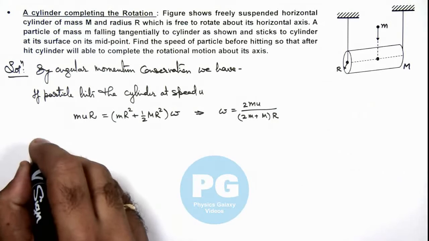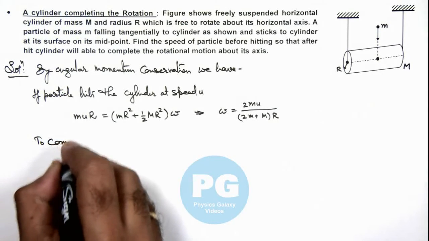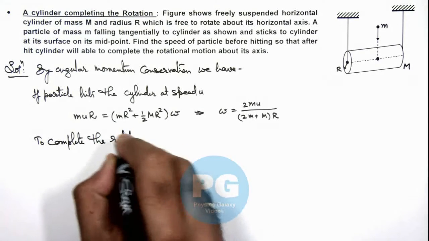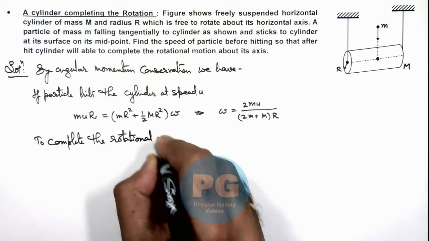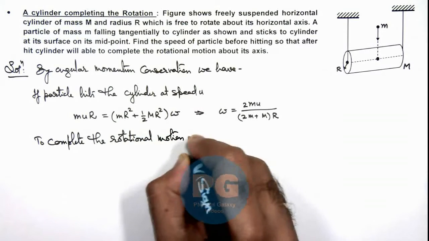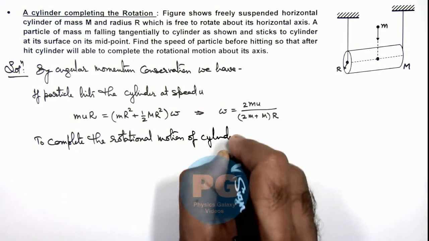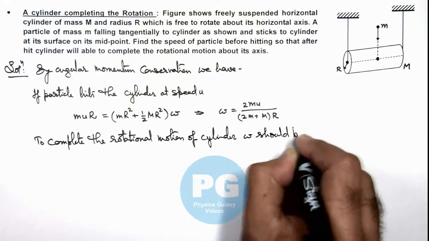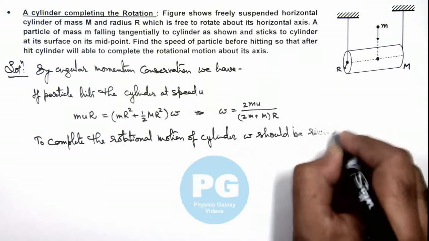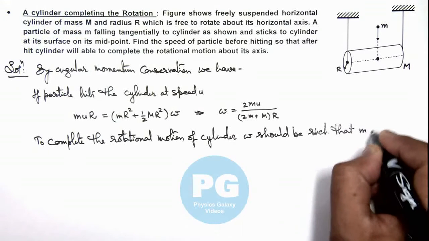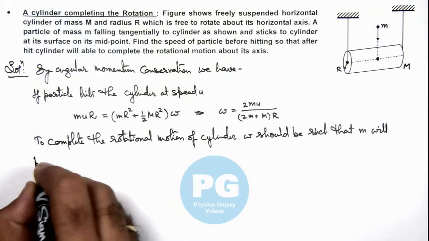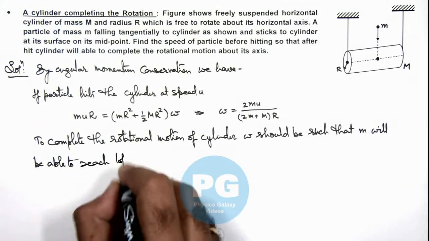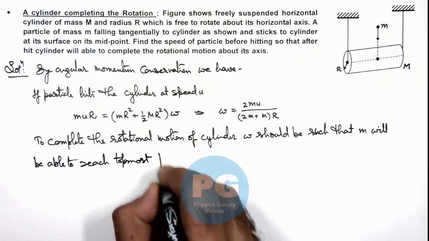So to complete the rotational motion of the cylinder, omega should be such that small m will be able to reach the topmost point.